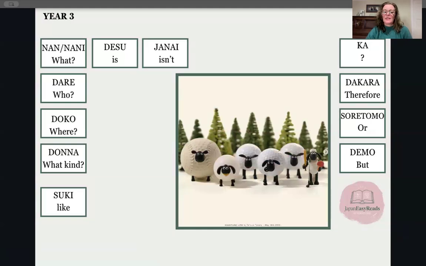The year threes did something similar. This was their picture talk, which provided lots of fun. So again, similarly, the word wall is there to act as a support so that the dialogue can remain as natural as possible.